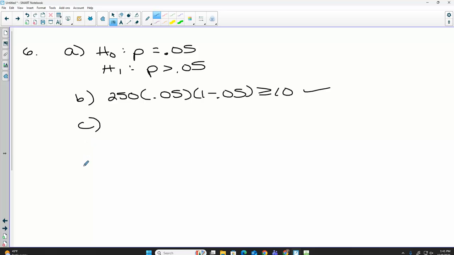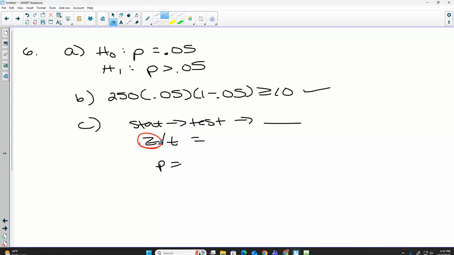All right, part C, we test it. So, stat, tests. Are we looking for Z or T? Yep, proportion is always Z. So we need which one? Number 5. P of the null, 0.05.